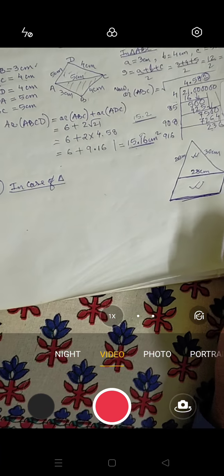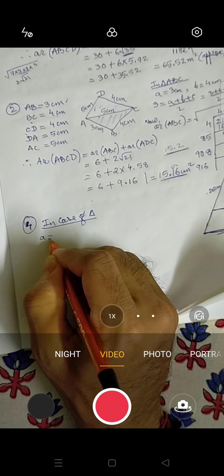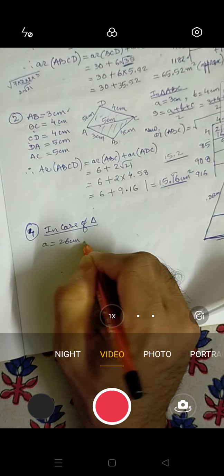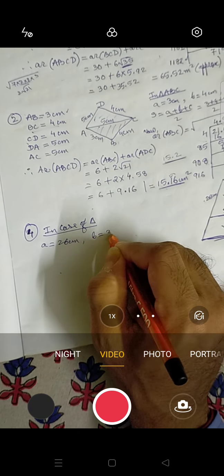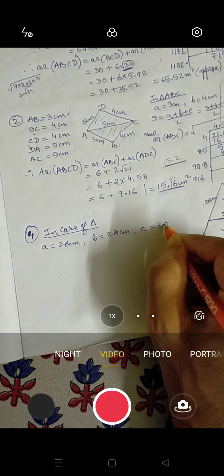In the case of a triangle, these are the three sides. So we'll be taking A is equal to 26 centimeter, B is equal to 28 centimeter, and C is equal to 30 centimeter.